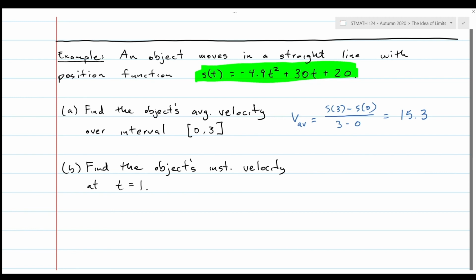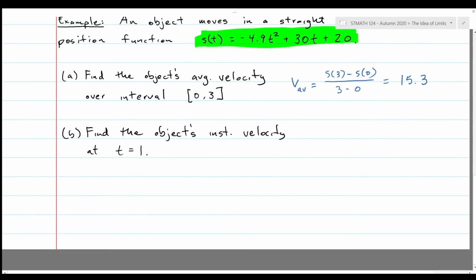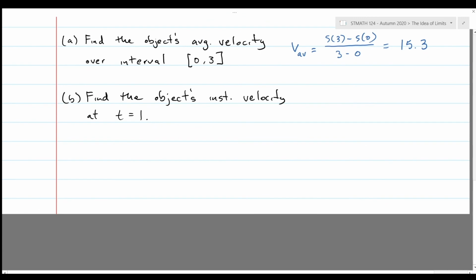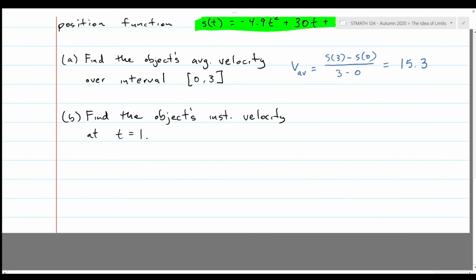Now let's think about this instantaneous velocity business. For that, I think I'm going to, just like I did before, do a little table. I would highly recommend that you push pause on your video and see if you can come up with a little table that gets you the instantaneous velocity and see if your answer matches what I come up with. So the way I'm going to do it is intervals from 1 to t, because I want to do the instantaneous velocity at 1.